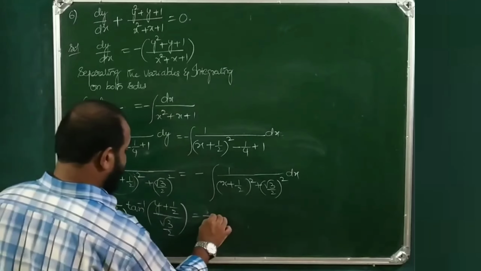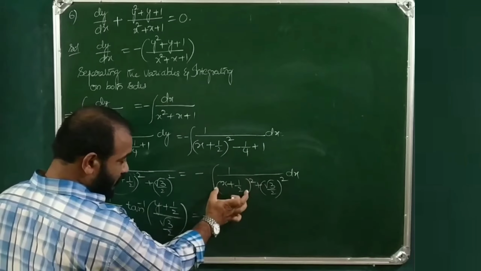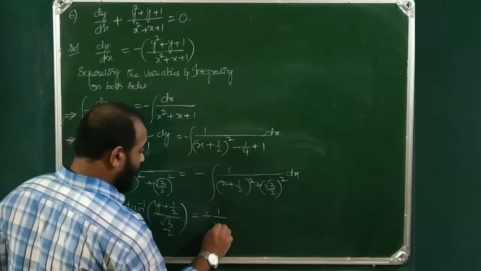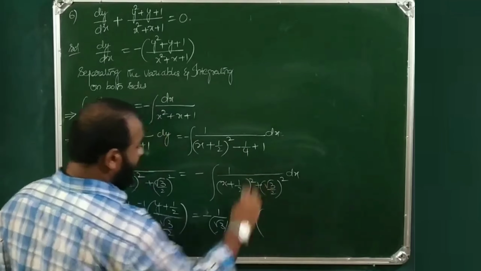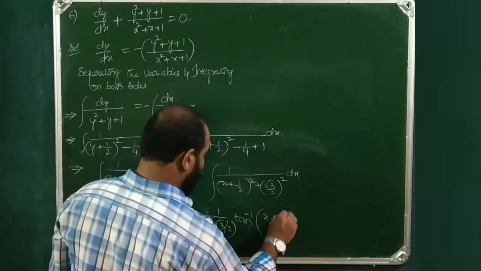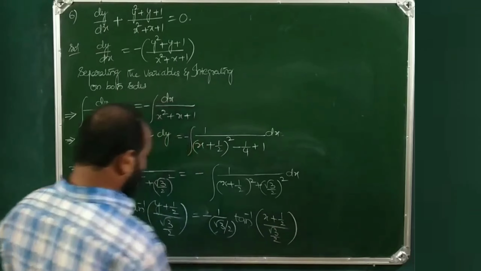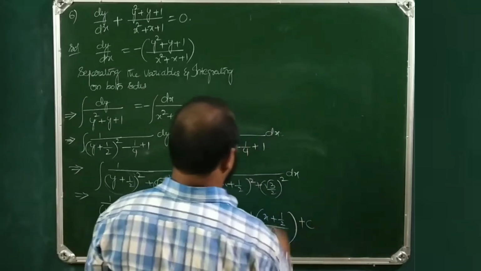This is equals to minus, same. Here also, 1 by x square plus a square, 1 by a is root 3 by 2, 1 by root 3 by 2 tan inverse x by a, x is x plus 1 by 2 by root 3 by 2, plus constant of integration. So plus c you will take here.